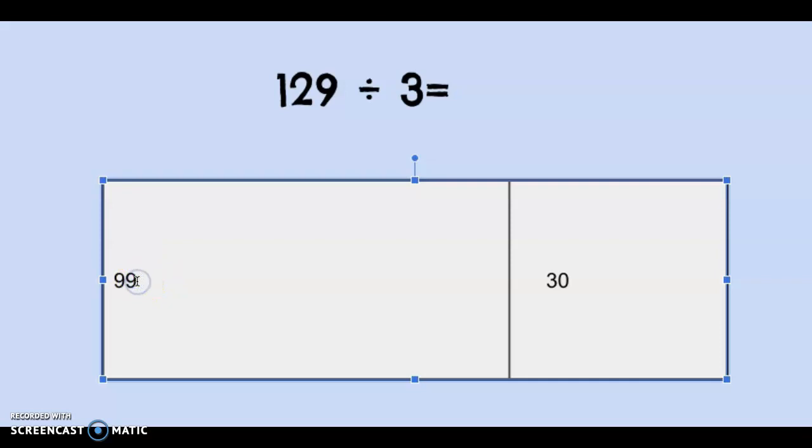So 99 equals 33 times 3. 30 equals 10 times 3.